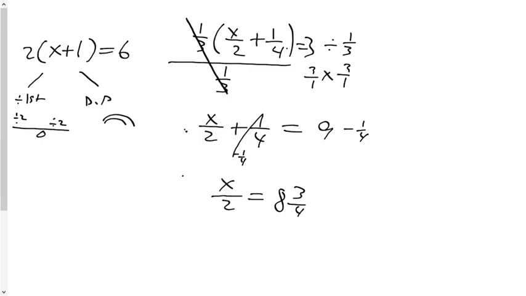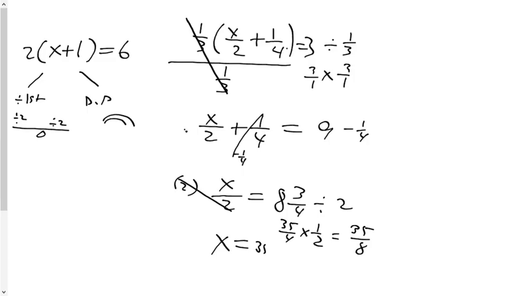Then I'm going to divide by 2. 35 multiplied by the reciprocal of 2 would be 35/8, which is your answer, which is 4 3/8. That's a lot of work.